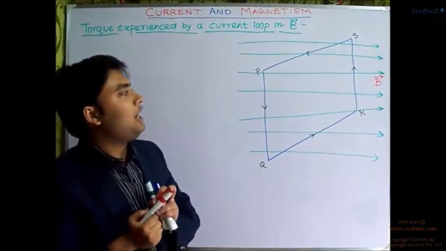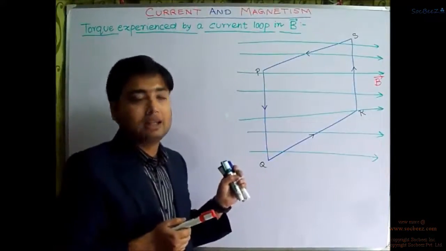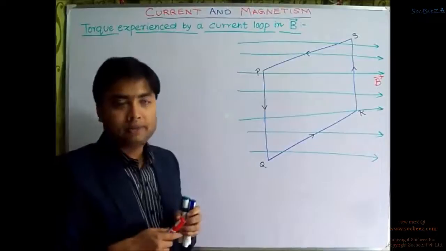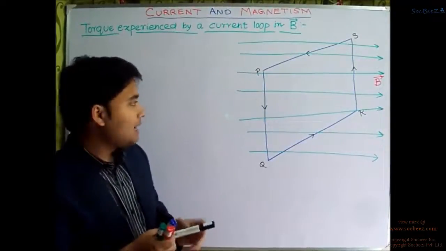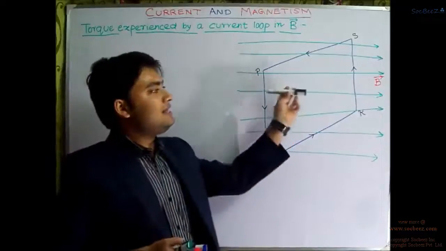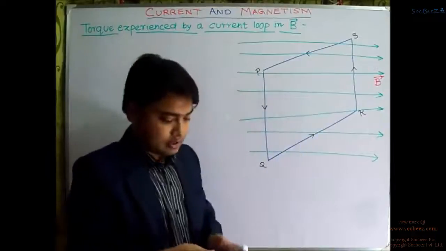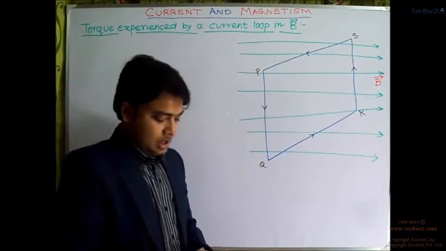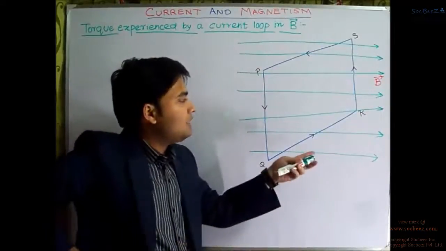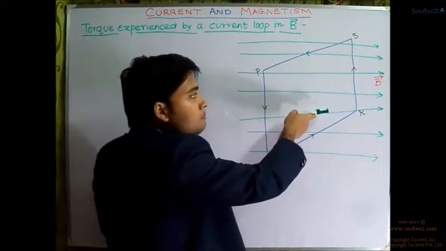Now, to understand it, we need to understand this diagram with the help of 3D, right? First of all, see that this is B, or the magnetic field, for example this green one. Let us check that this green one is the magnetic field as being shown.